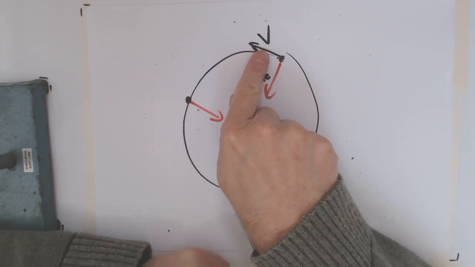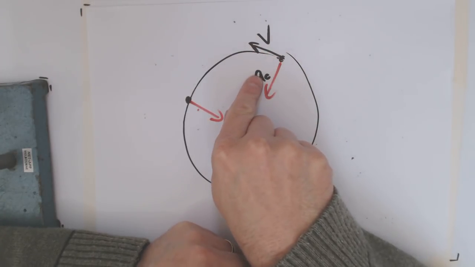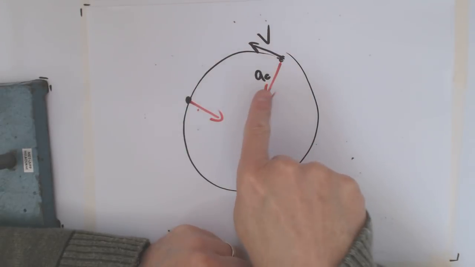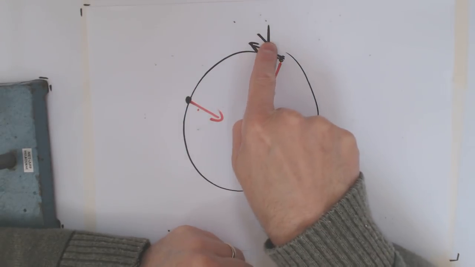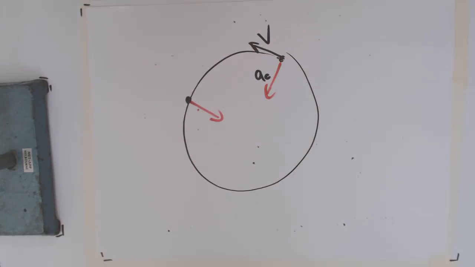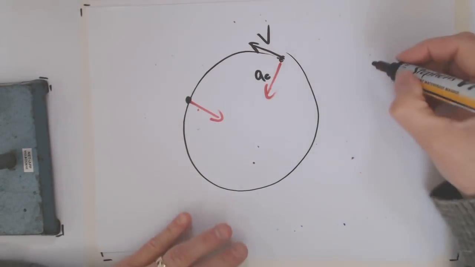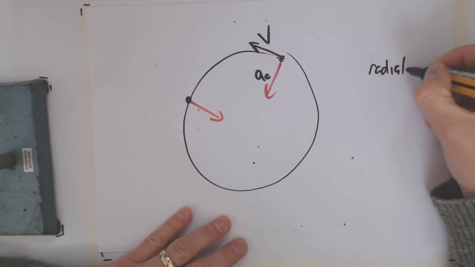If v was actually also changing length while going in a circle, then you'd have a combination of centripetal acceleration and tangential acceleration, right? And centripetal, towards the center, we sometimes call radial.